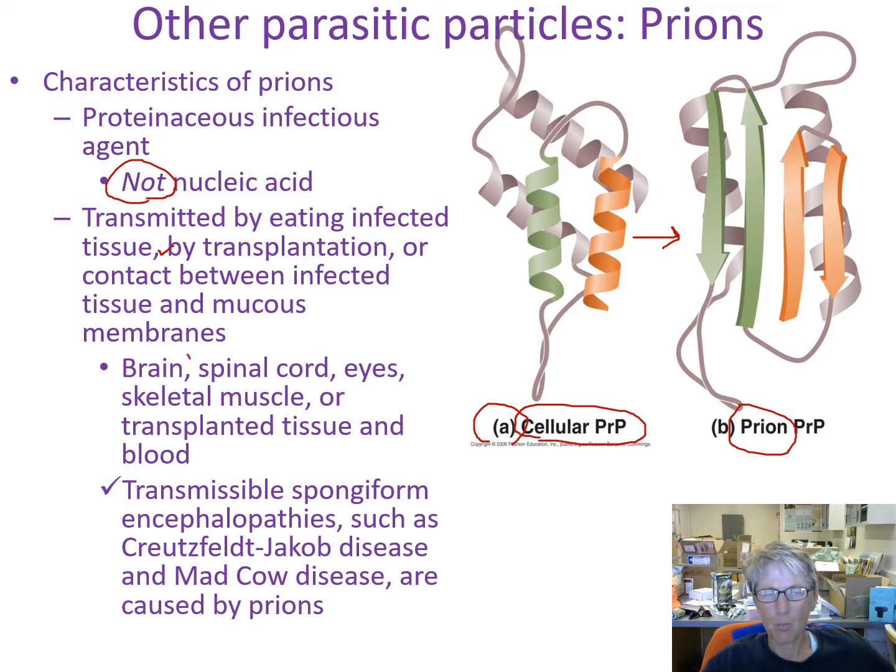They can get into your brain, spinal cord, eyes, and skeletal muscle. These transmissible spongiform encephalopathies are a group of conditions such as Creutzfeldt-Jakob disease and mad cow disease. You've probably heard of mad cow disease. These are all caused by prions.